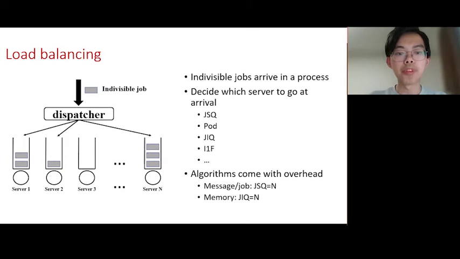For example, join the shortest queue requires a lot of communication between the dispatcher and servers. For each arrival, join the shortest queue needs to query all n servers in order to find the one with the shortest queue. And for join the idle queue, it requires a memory of size n because it needs to remember which servers are empty.